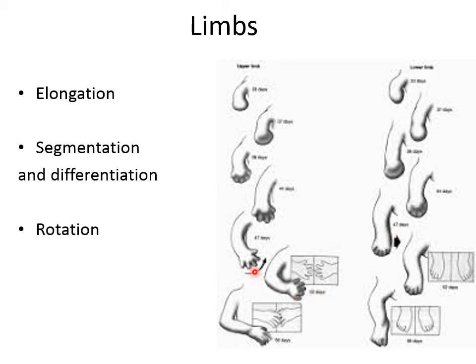Here in the upper limb, the extensor muscles are finally located posteriorly and the flexors are anteriorly.